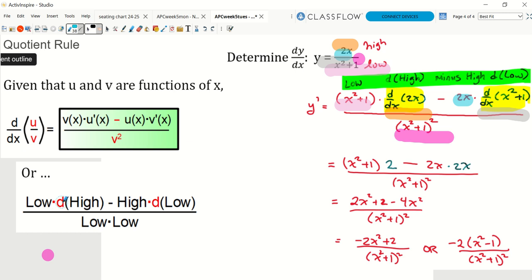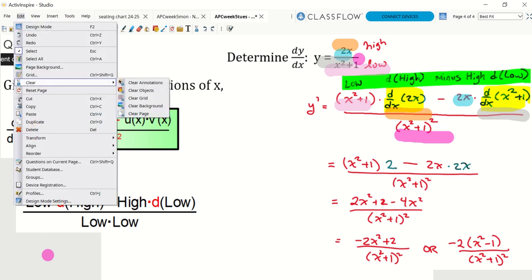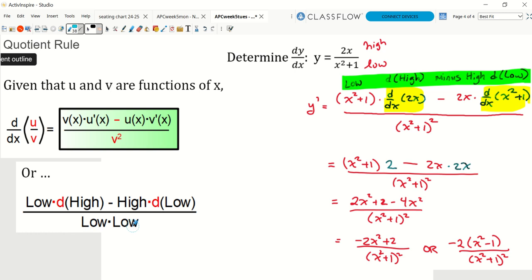So low d high minus high d low over low squared. So low times the derivative of high minus high times the derivative of low over low times low, or low squared. Now, the bottom, low squared, is easy to memorize because the bottom kind of reminds you of low, and you just square it.